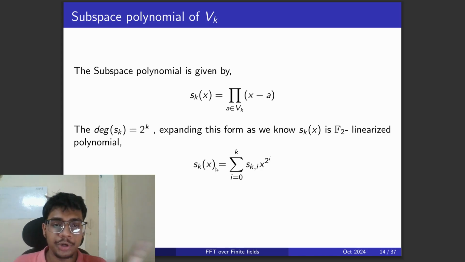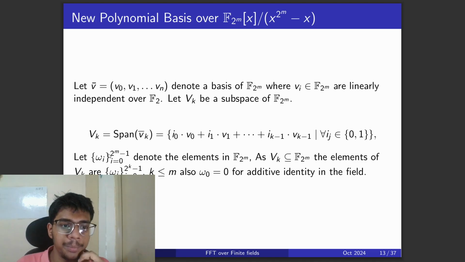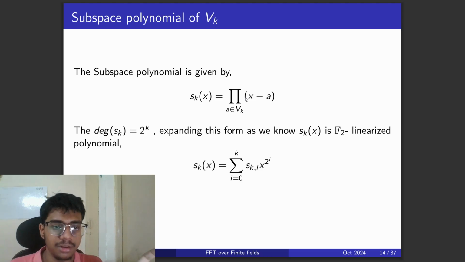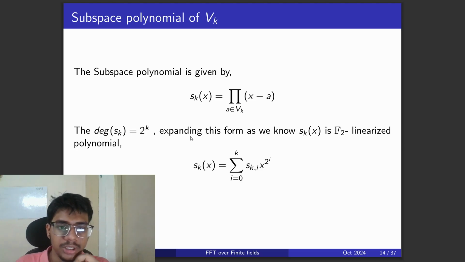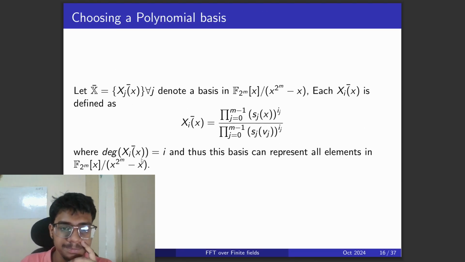The subspace polynomial in a finite field can be represented as S_k(x), which is the product of all elements in the subspace V_k. The degree of this subspace polynomial would be 2 to the power of k, because x will be multiplied that many times. Sorry, 2 to the power of k elements.